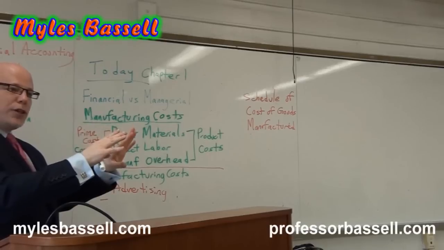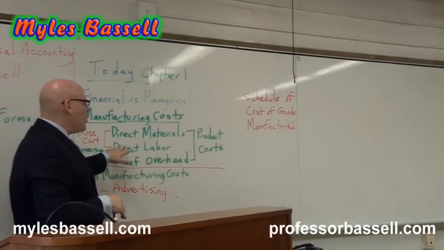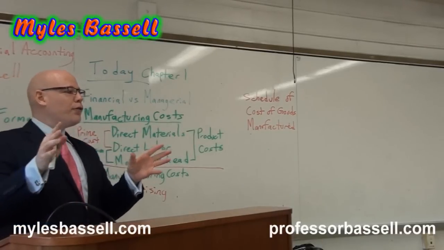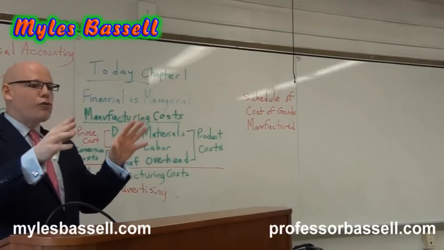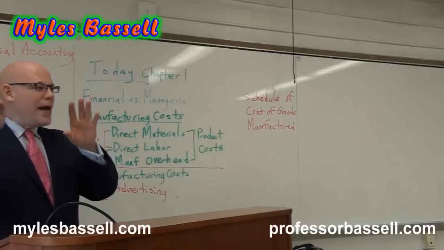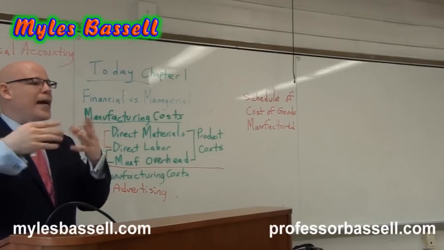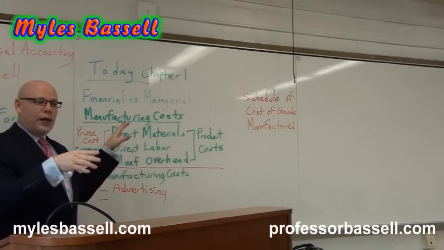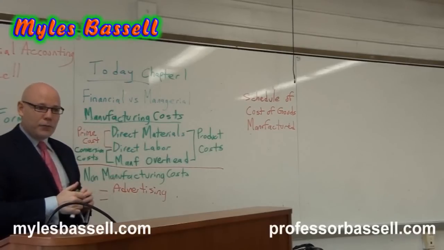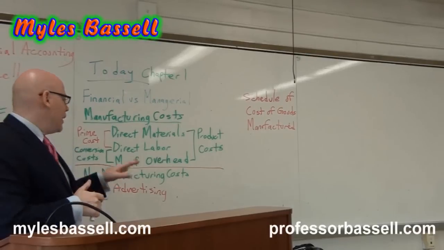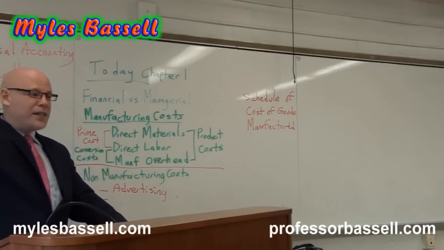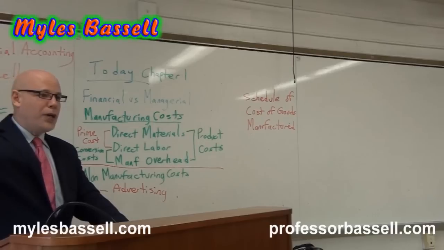So we need to make a distinction. Then we look at direct labor. Now, direct labor refers to those costs that are associated with actually making the product. So it's the wages that we pay, for example, to people on the manufacturing assembly line. When we talk about direct labor, it's not the salary for the vice president or the CEO of the company.